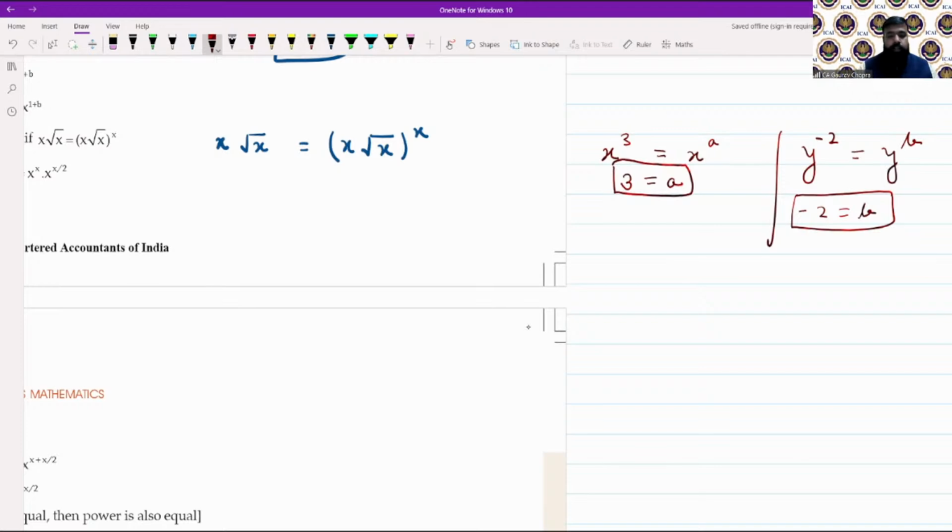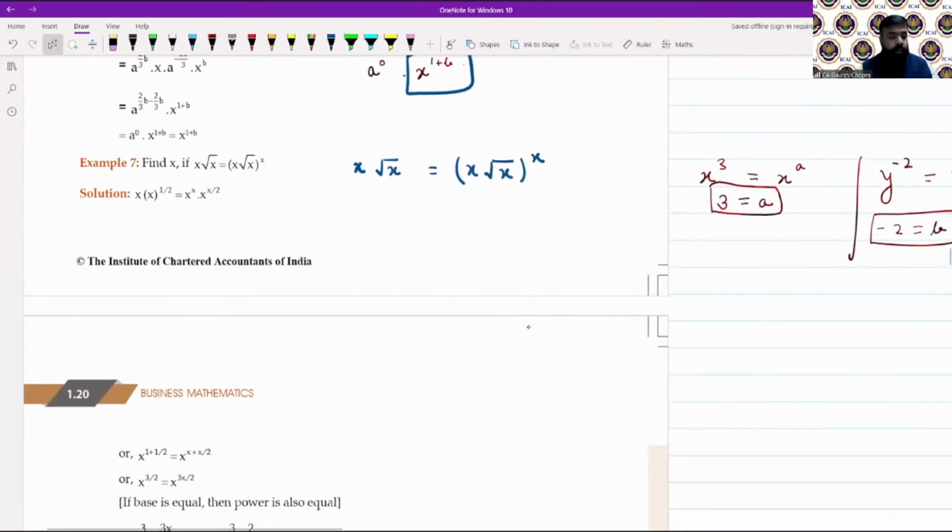Okay. Now, similarly, here also we can see that we have x root x on the left hand side, and the power is by default 1, because whenever nothing is written in the power, it is 1. On the other side, x root x has power x.